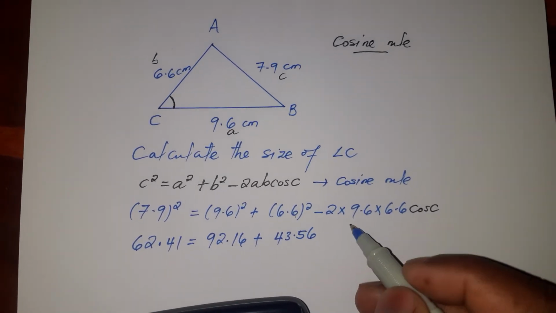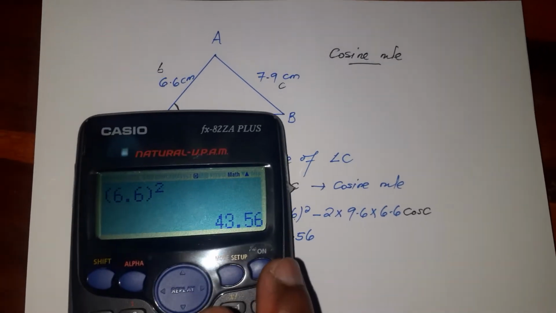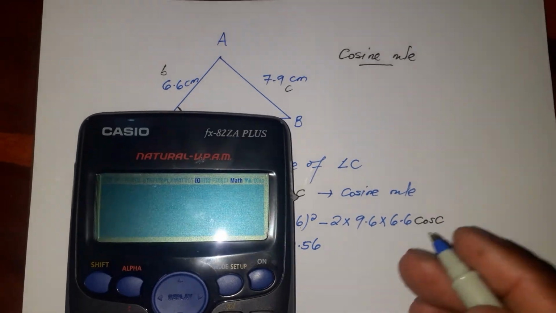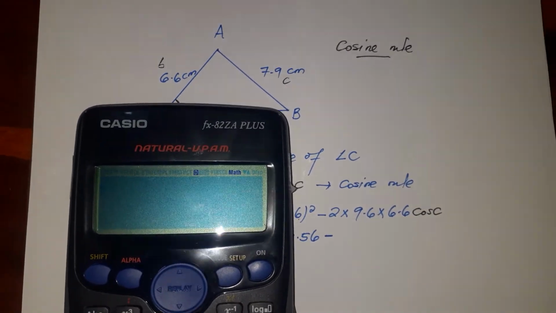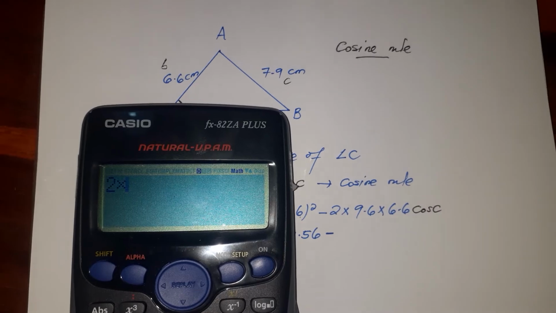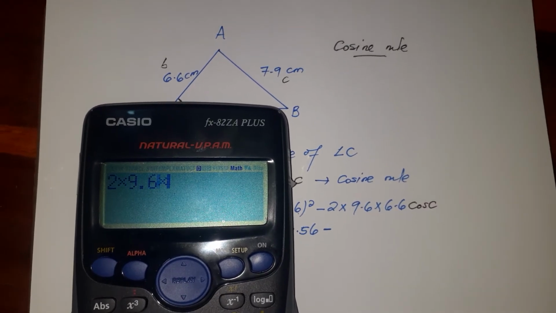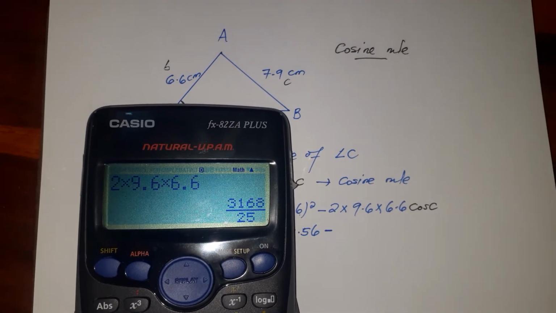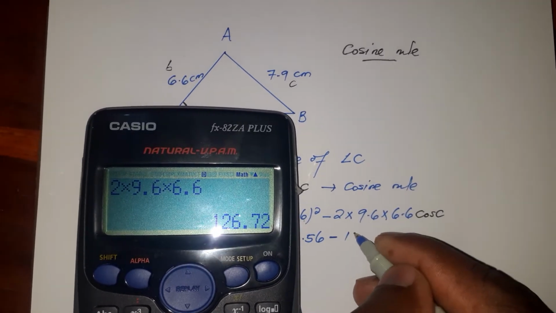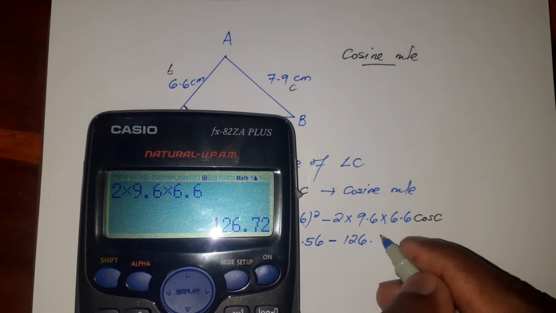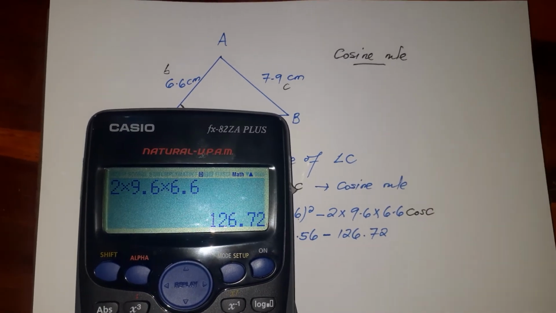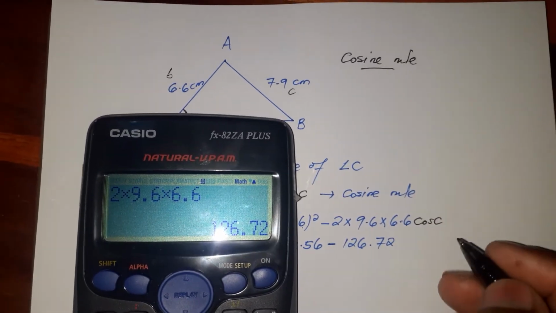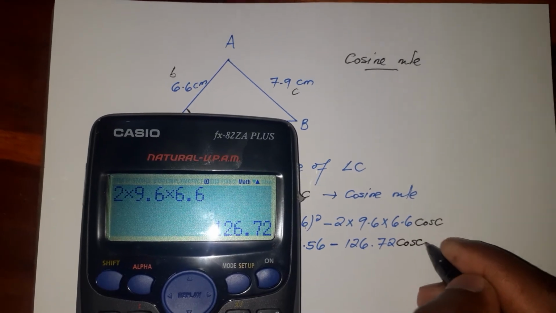And what we have here, we can also multiply out. Let's write our minus here. We have 2 times 9.6 times 6.6 equal to 126.72, and then we write our cosine C.